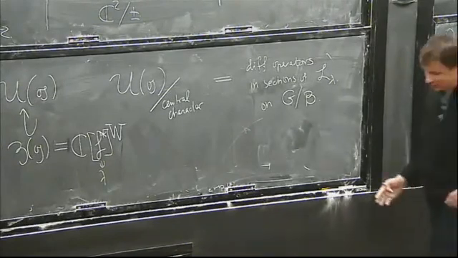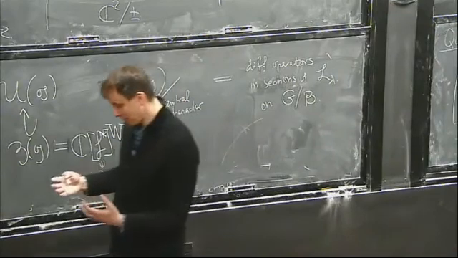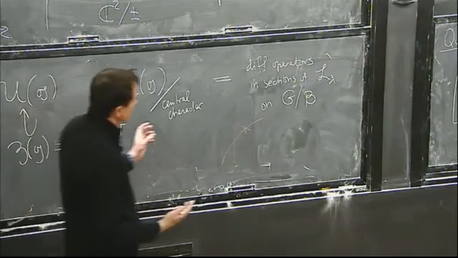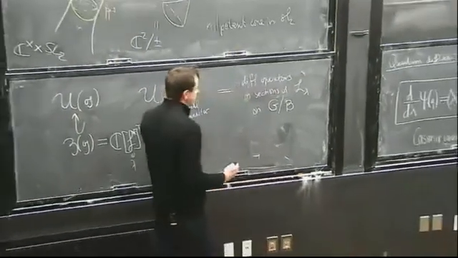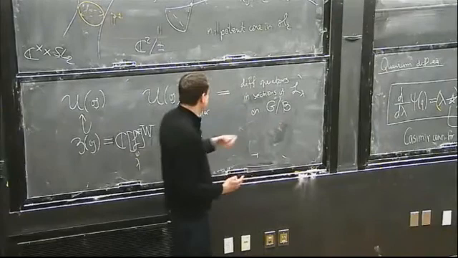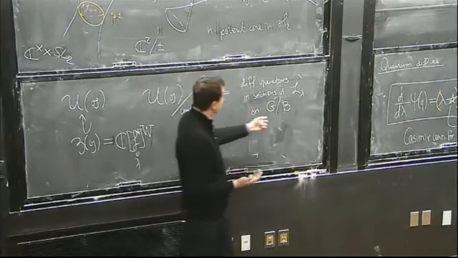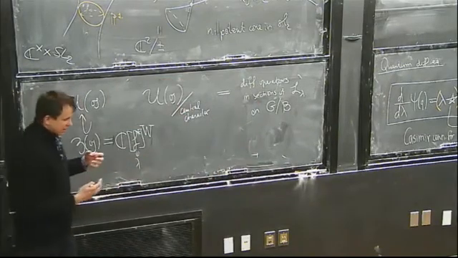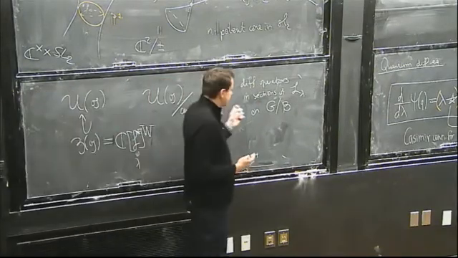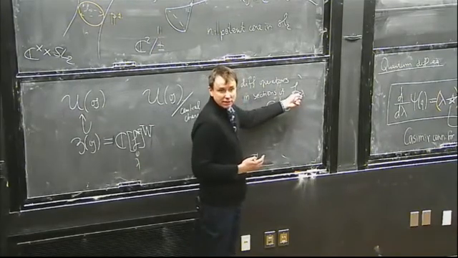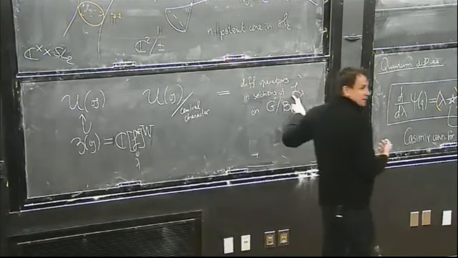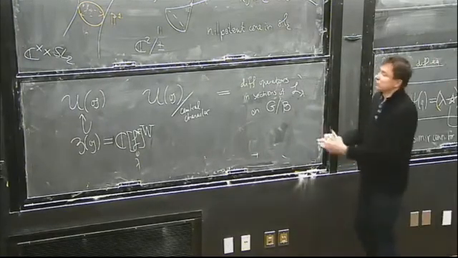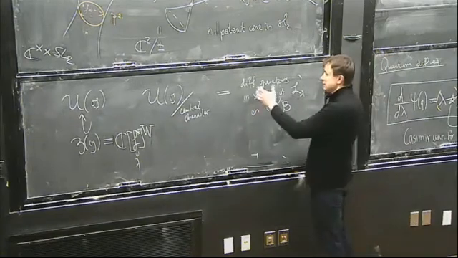So what I'm saying is that the Lie algebra acts by differential operators on G mod B, and these are all equivalent line bundles, so it acts in all of them. If I ask how the center acts, the center exactly picks out what the highest weight of that line bundle is.